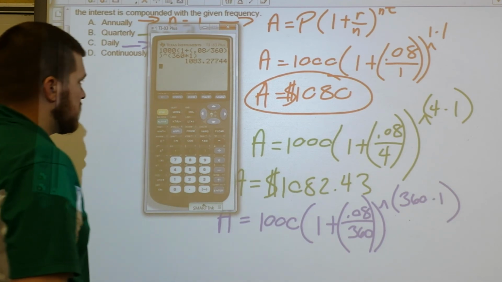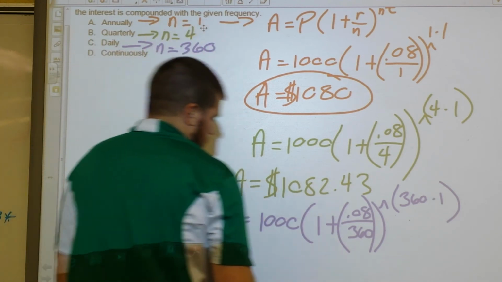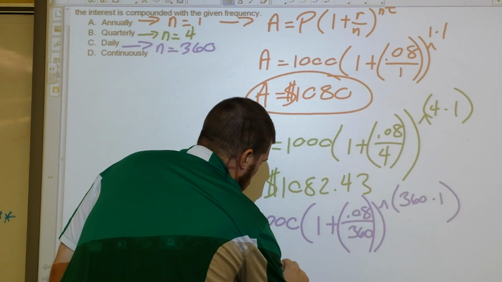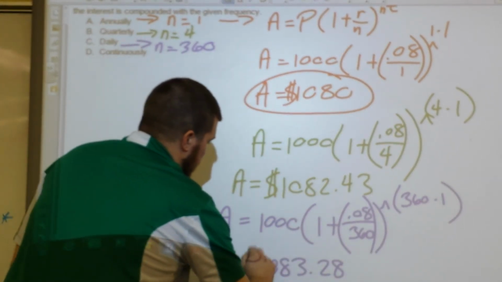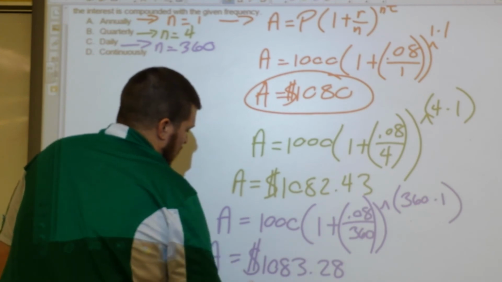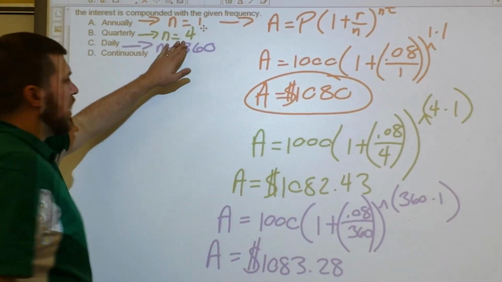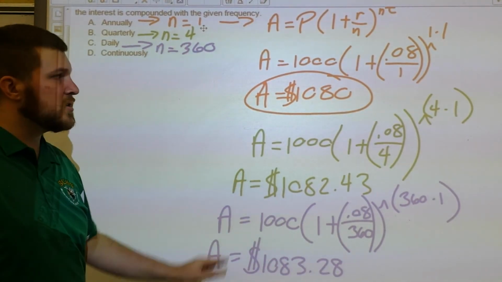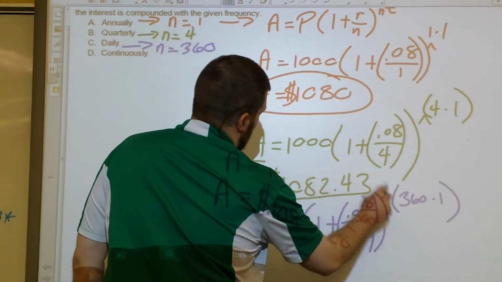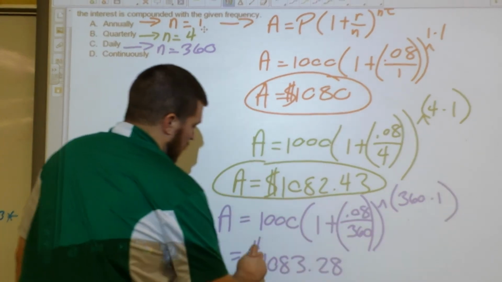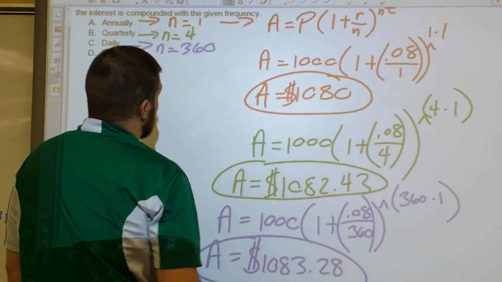I get 1,083.28. Here I'm just rounding to the nearest penny. Hopefully you picked up on that. But again, my number of compounds per year has increased, and each time my final amount of money is getting a little bit bigger.